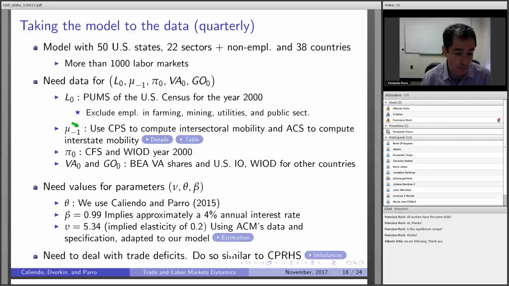And this constant share of the global portfolio is disciplined to match observed trade deficits. So a very simple way, but it's borrowed from a previous paper. What I always emphasize here is that it makes progress with respect to the traditional trade literature in trying to capture endogenous trade deficits, because until recent years in trade, we usually assumed that trade deficits do not exist, or that they are constant over time.